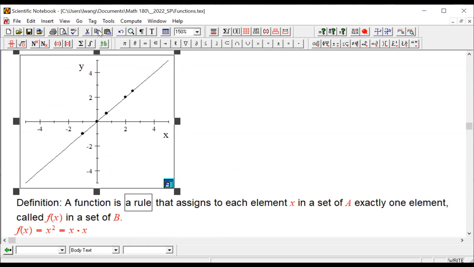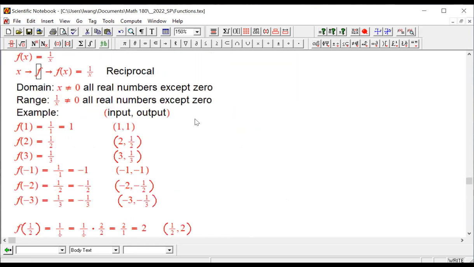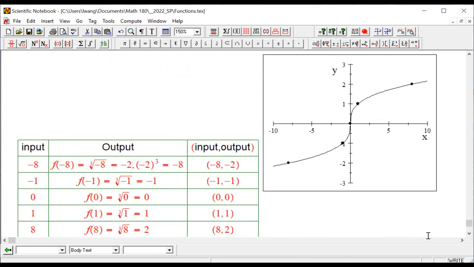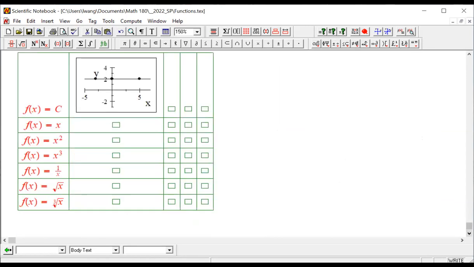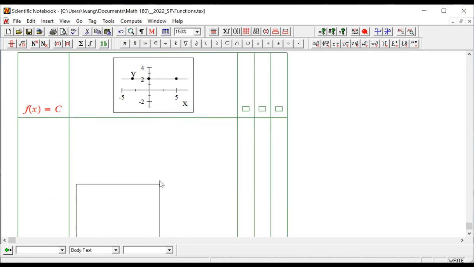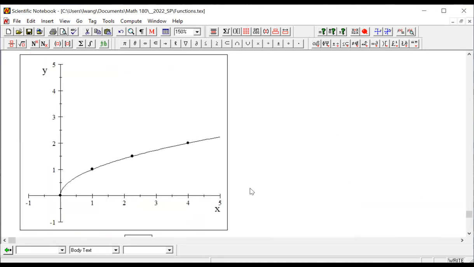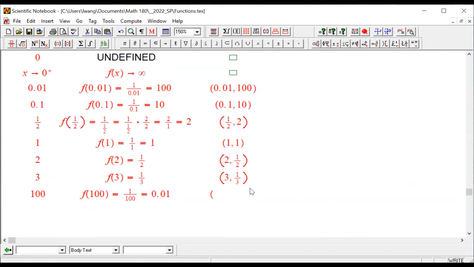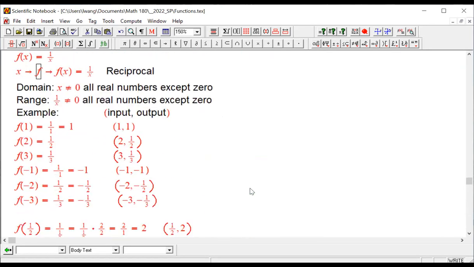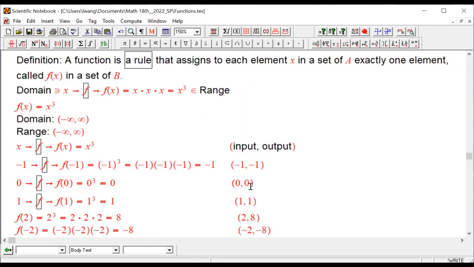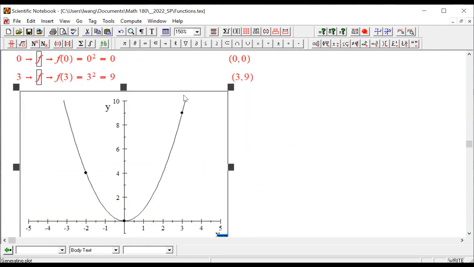That function, we graphed it. We summarize it. And the square, x squared, right? What is x squared right here?